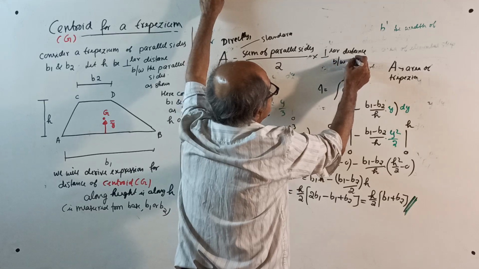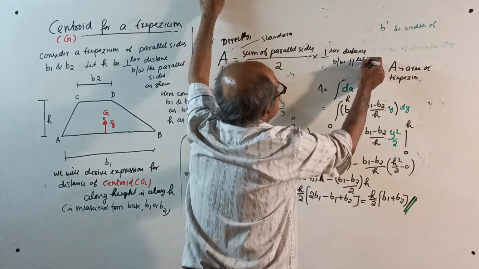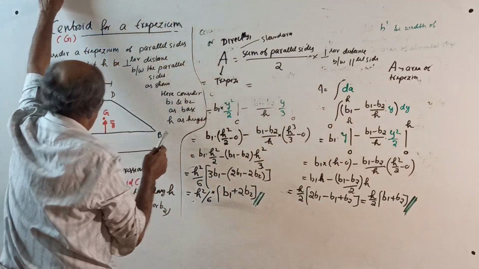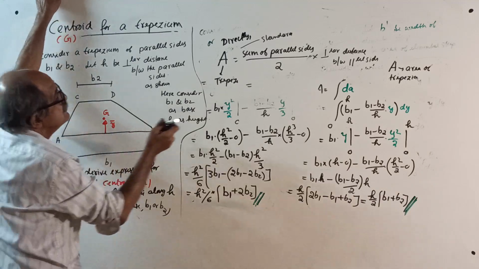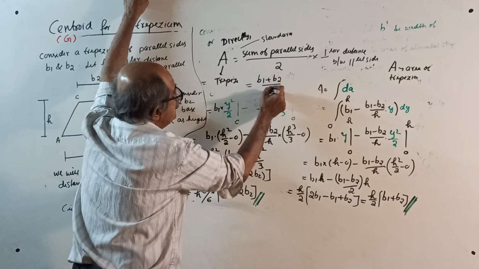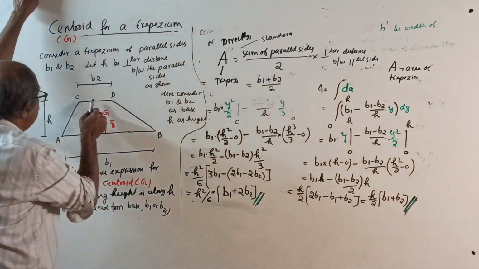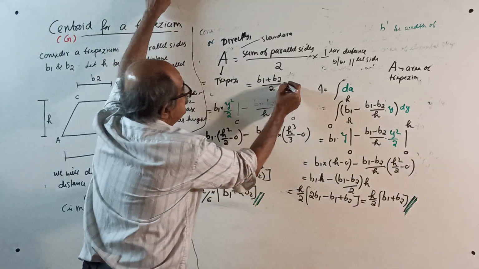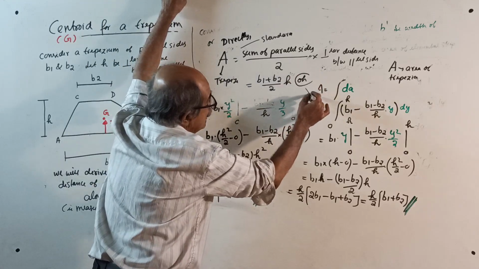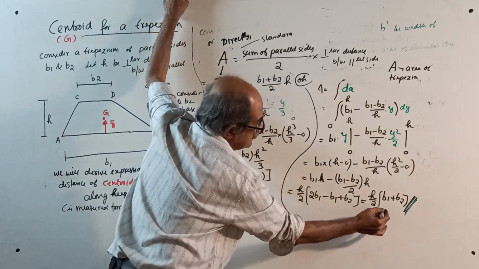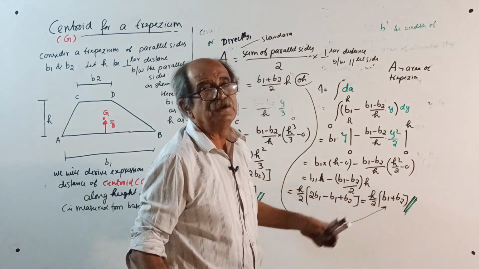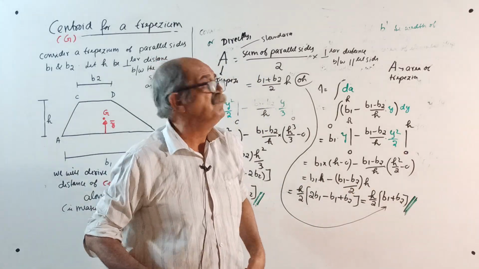If you use that way, your area will become the sum of the parallel sides, that is b1 plus b2, divided by 2 into the distance between parallel sides, which is h. Right? Same answer we got even by integration. See here, b1 plus b2 divided by 2 into h. Same answer.